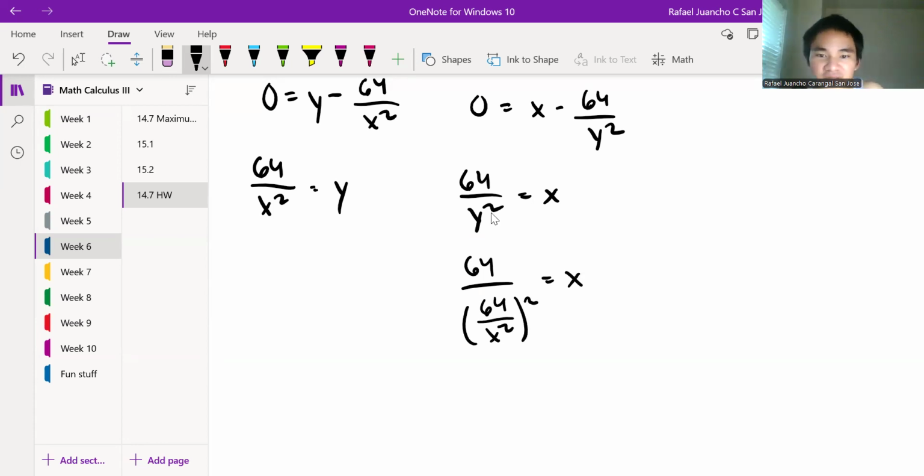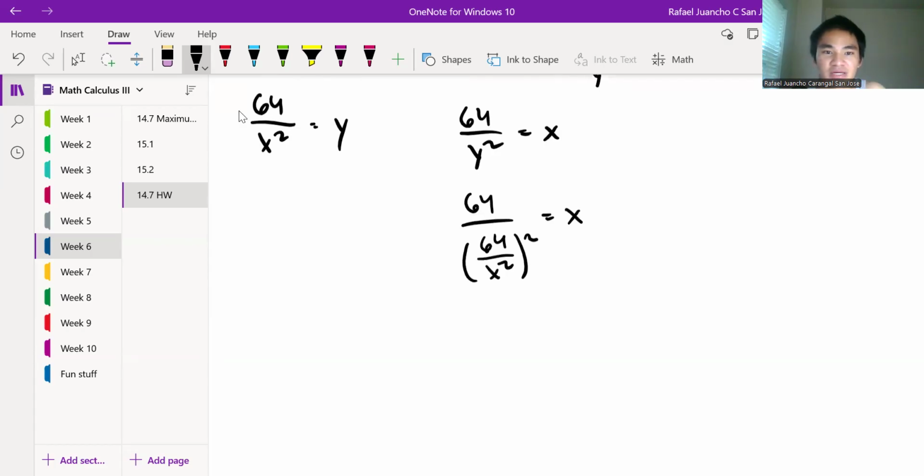Now I solve for x here. Then I plug in my x here, find y. So I got 64. This is, I believe, 64 squared. What is that? That's 4096 divided by x to the fourth. I can then put this up-ish, right?